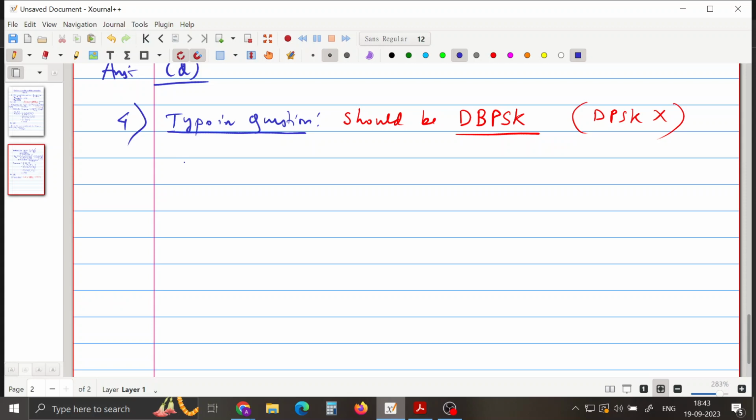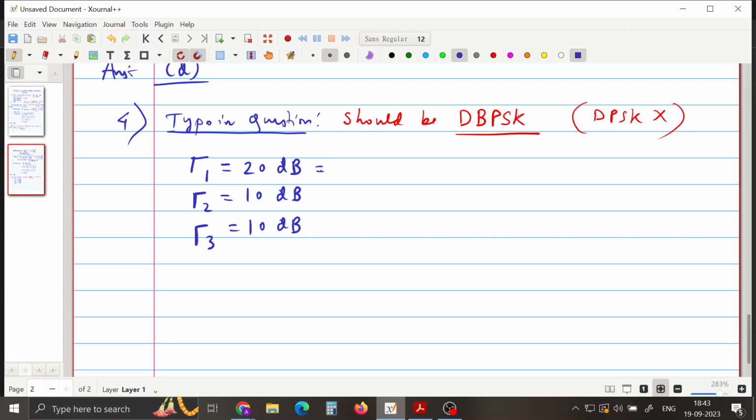So what is the given situation? 3 branches are there and the corresponding 3 average SNRs are given: capital gamma 1, capital gamma 2 and capital gamma 3. Correct? First job, convert from dB to linear.